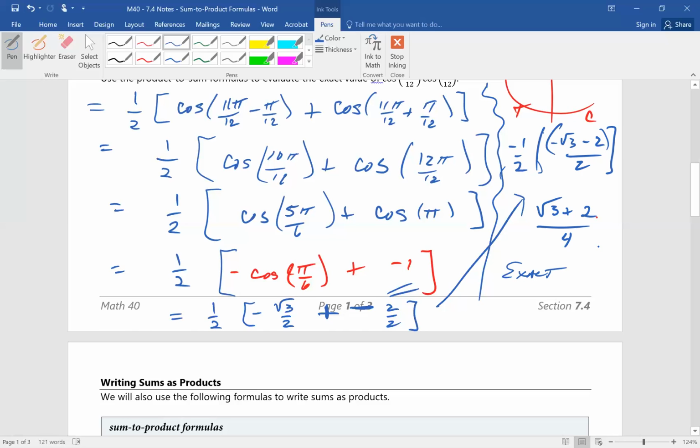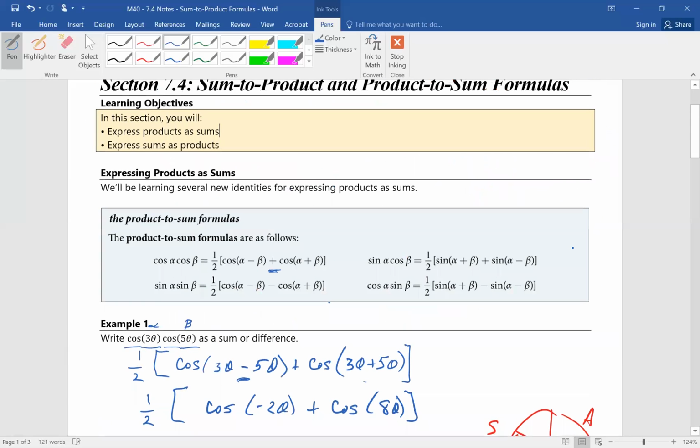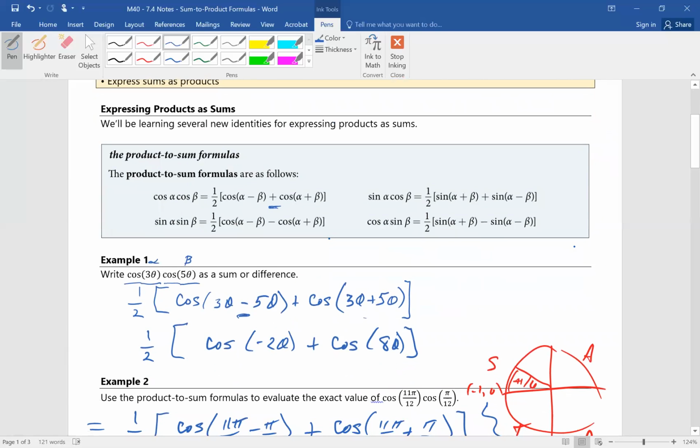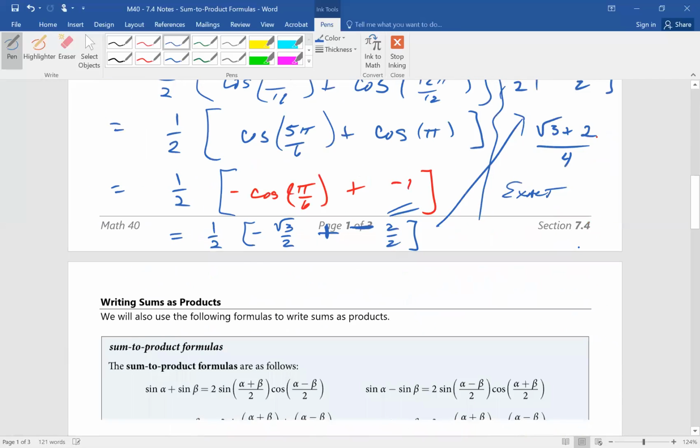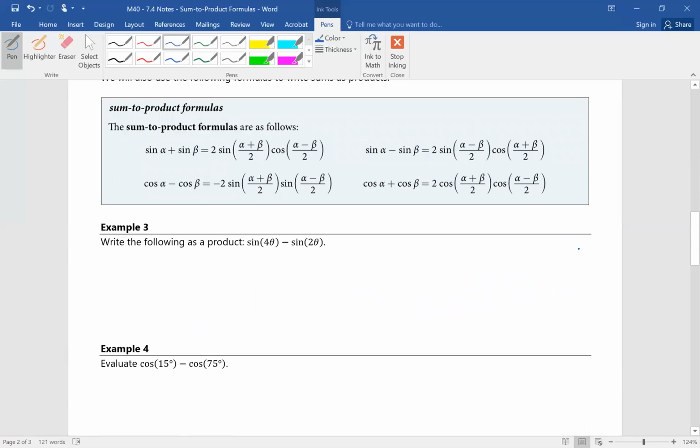Okay? So that's going from a product to a sum, just two examples. Now, the only other thing we have to do is go backwards, go from a sum to a product. And there are those formulas there. Notice all the different versions they've come up with. You can use them as long as they present themselves accordingly.